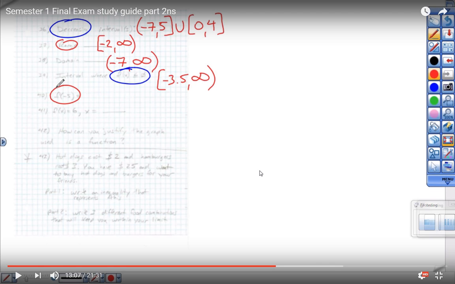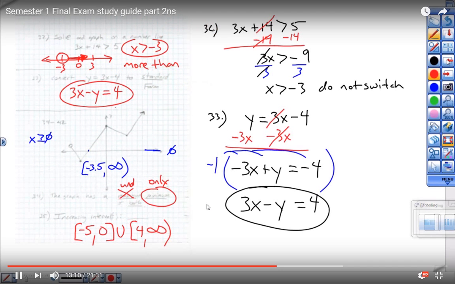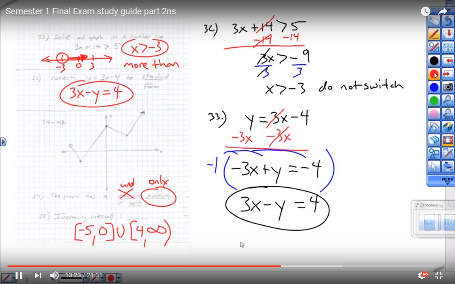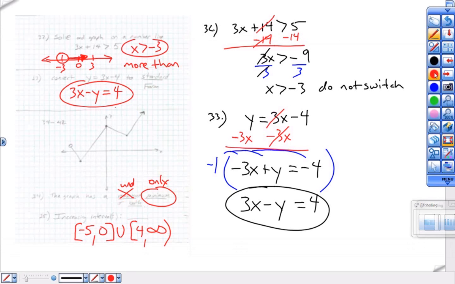So for this problem right here, I'm going to erase this. And again, I am giving you f of negative 5. And again, that is me giving you the x number, and you use it to find the y number.